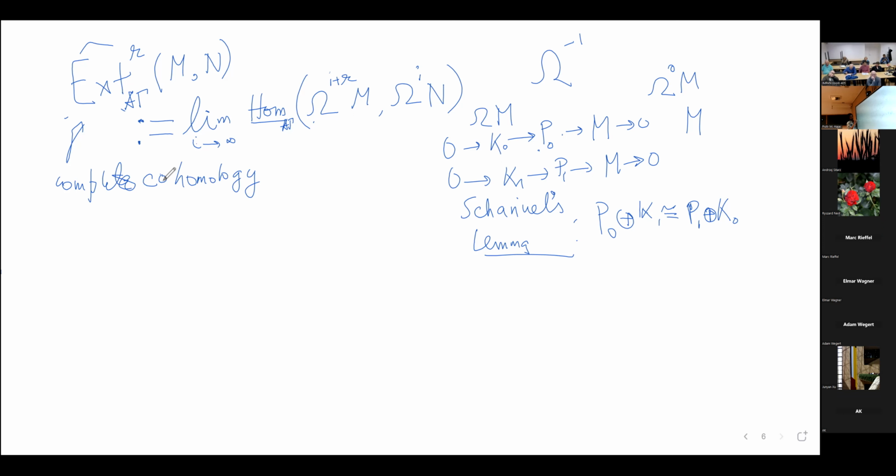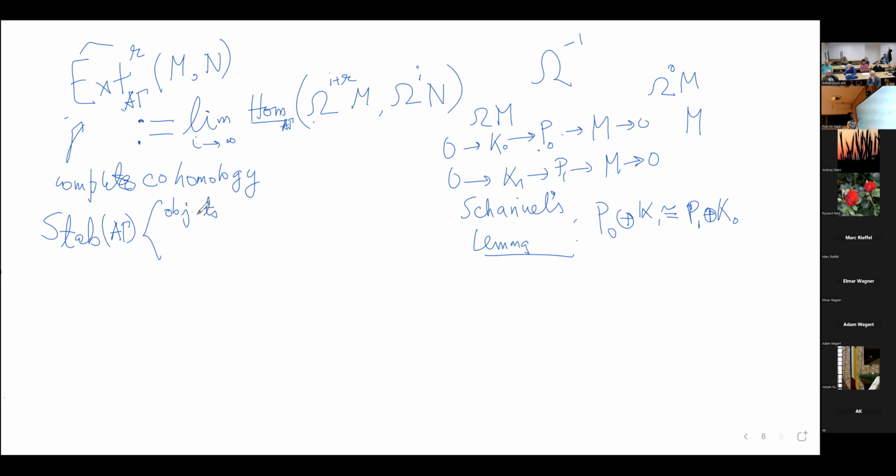I'm writing a category, I'm calling it Stab, big S, A gamma. I don't yet have any conditions on gamma. Gamma is any discrete group. And on A as well, I don't have any conditions just now. So what is this category?